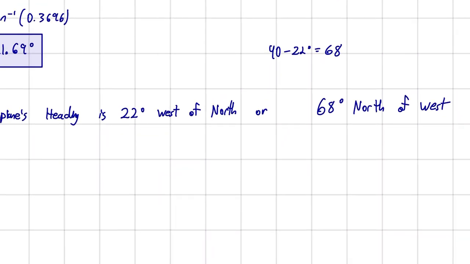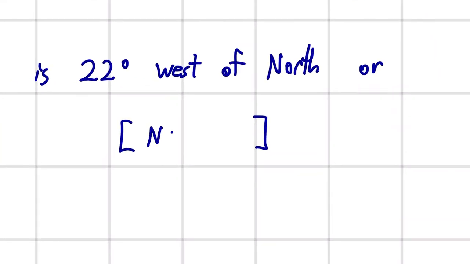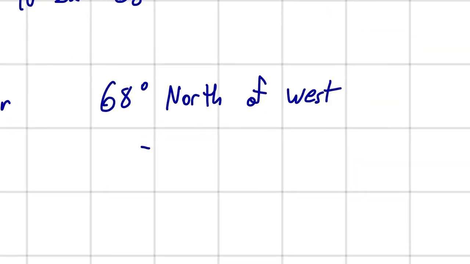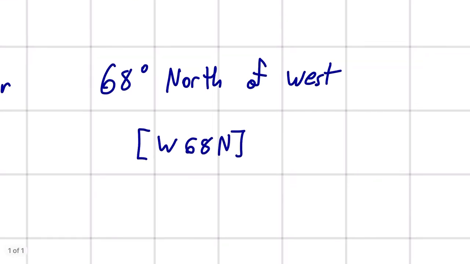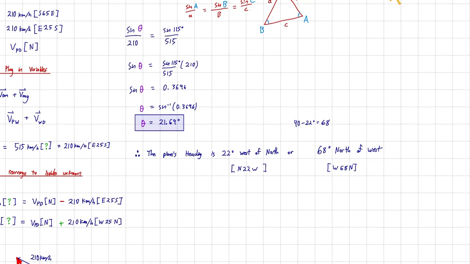And just for some more practice, when we want to write this using the square bracket method, this will be north 22 west. So we go north and then 22 degrees towards the west. And in this case, it's going to be west 68 north. So go west, then 68 degrees up towards the north. So it's going to be the same. These are two equivalent ways of writing it. They're all correct.